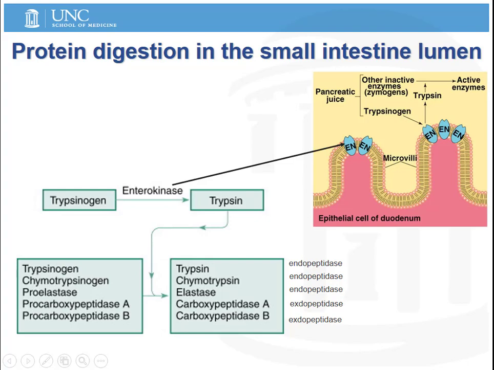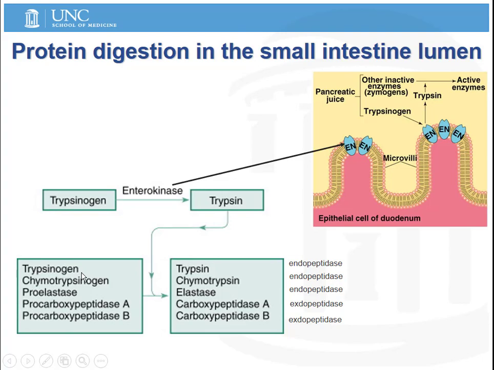So once peptides move from the stomach and into the duodenum, they're further digested by pancreatic proteases. So the exocrine pancreas secretes these 5 inactive enzymes or zymogens that then become activated once they reach the small intestine. So one of those enzymes secreted in zymogen form by the exocrine pancreas is trypsinogen.